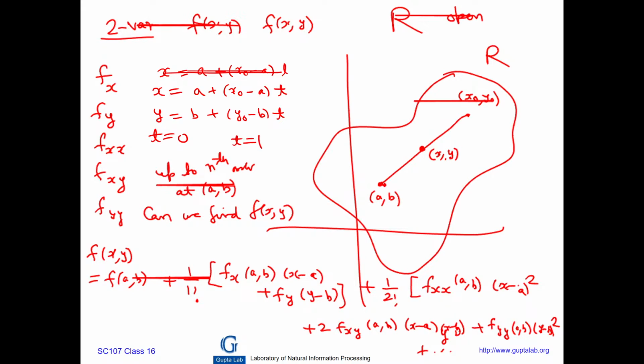Now I can write down the function. f of (x, y) is the function for which I want to find the Taylor series expansion. So I can write it as f of (a plus (x naught minus a) times t, b plus (y naught minus b) times t). I just substitute the values of x and y.